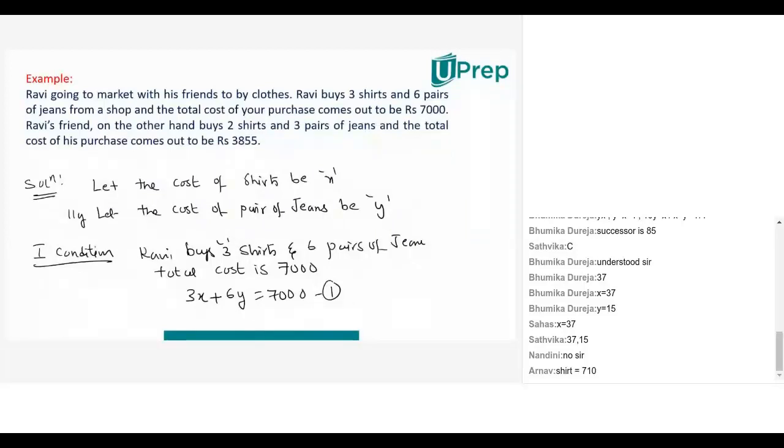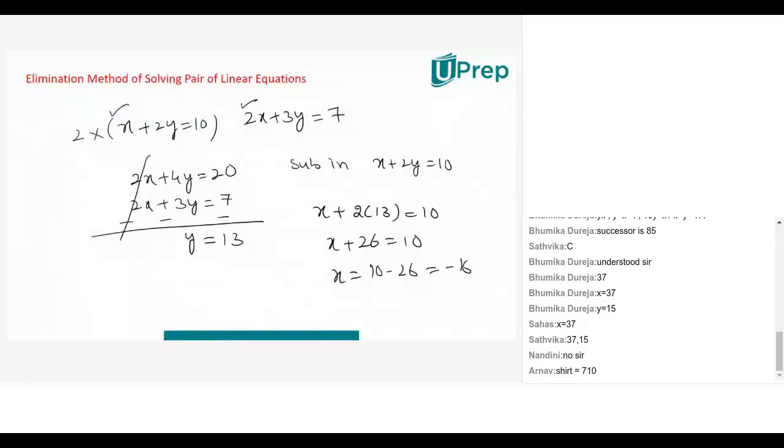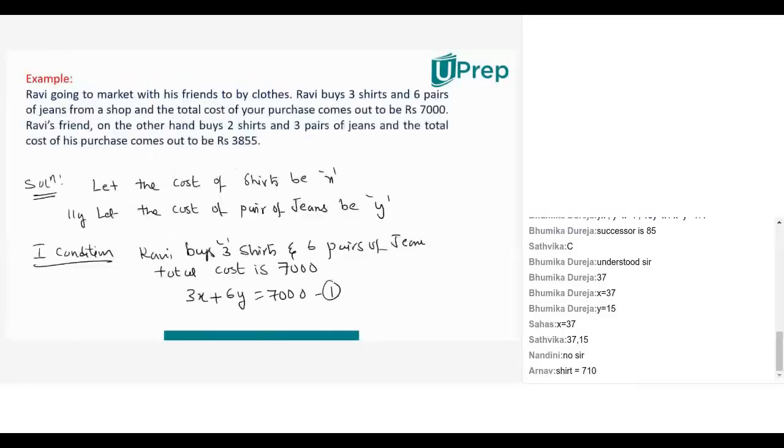What is the second condition? Let's come back to our question. According to the first condition, the cost of each shirt is X and the cost of a pair of jeans is Y. Ravi is buying 3 shirts and 6 pairs of jeans, so the total cost is 7,000.